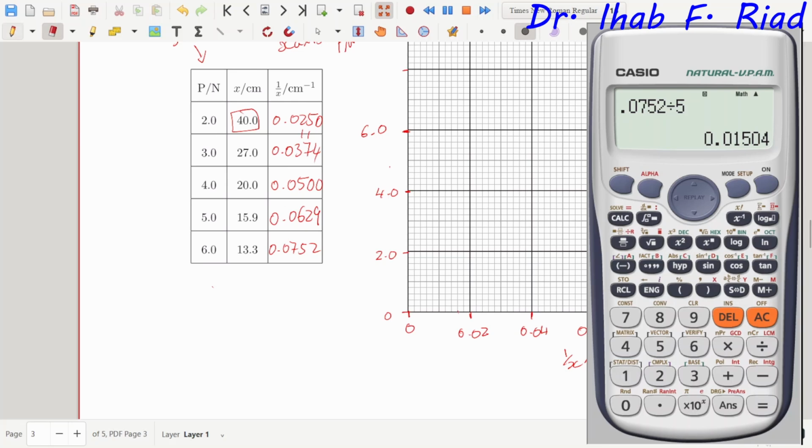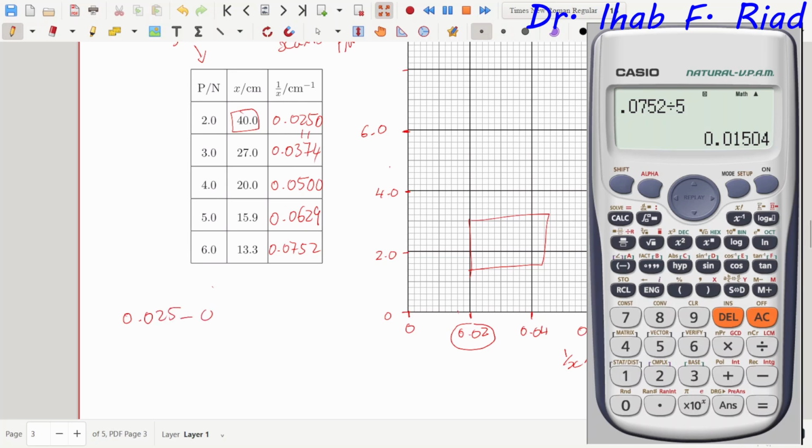Notice that this value 0.0250 is around here on the x-axis. So how do we decide? We check the closest scale mark to this value. It is 0.02.